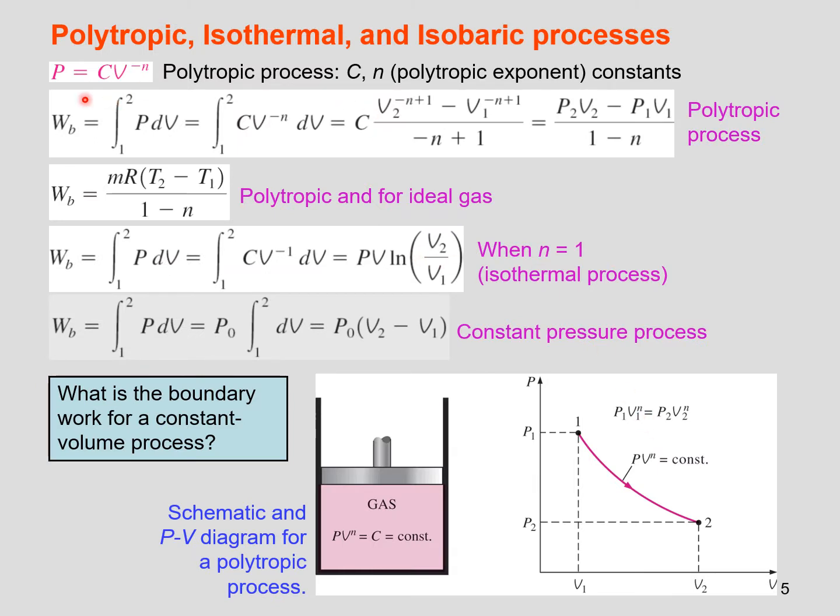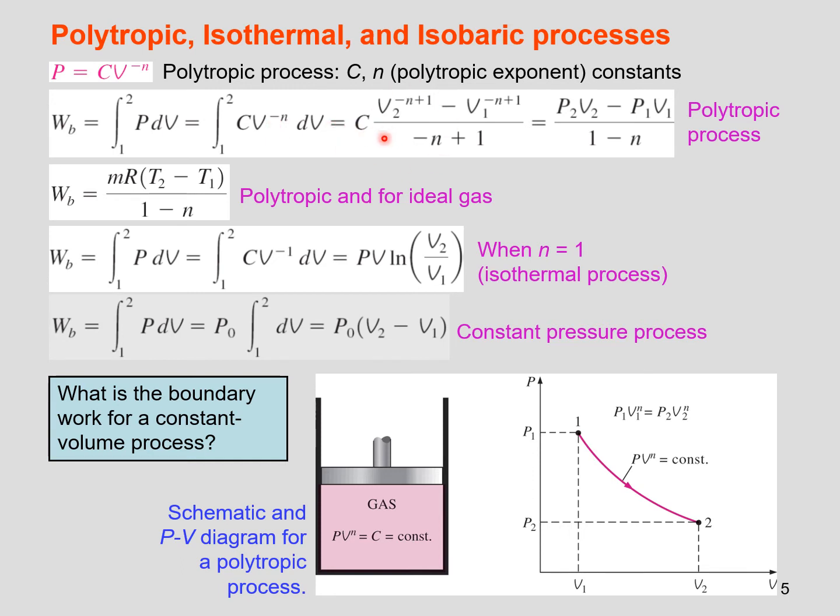There are different ways that pressure can vary with volume. One of the most general cases is what's known as the polytropic process, where PV to the N equals C, where C is a constant, V is the volume, and N is an integer. You can plug this into the integral PDV and integrate it. If you plug in for P, you have CV to the minus N dV, which is a standard integral from calculus 1.